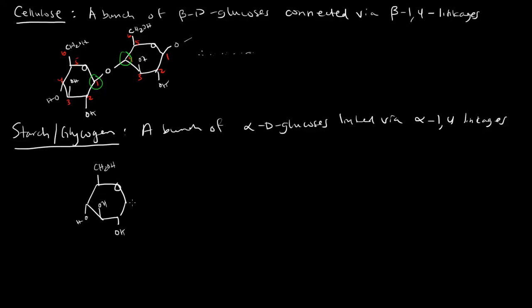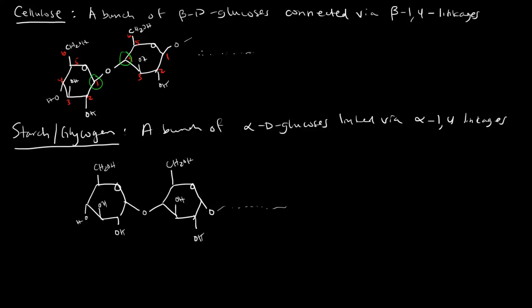If it's a 1,4 linkage, this is an alpha. It's going to go down, going to connect to the next glucose, which is alpha, and it's going to look like this. Down, up. Right, and this is also going alpha, so that's going to be connected to the next one, right? And so on. It's a long string of these.